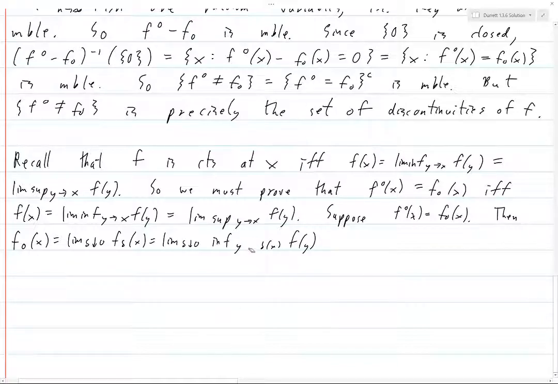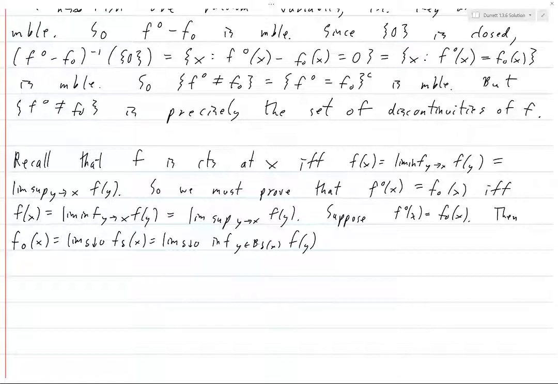And so now we can see why this is actually measurable, because this limit as delta decreases to 0 of the infimum can also be written as, what is this? I believe this can be written as the supremum of all, what is it?